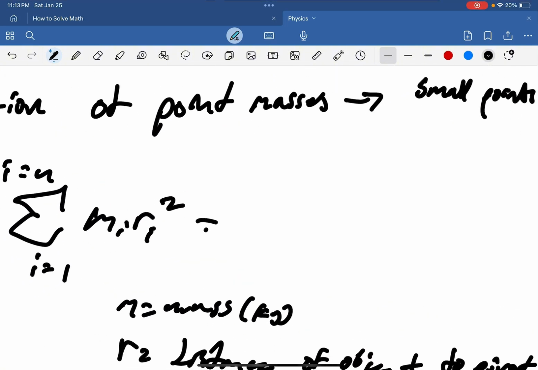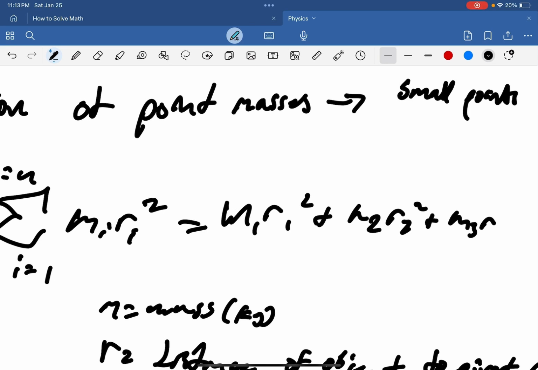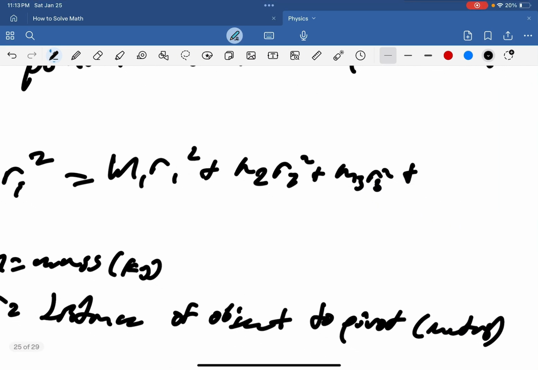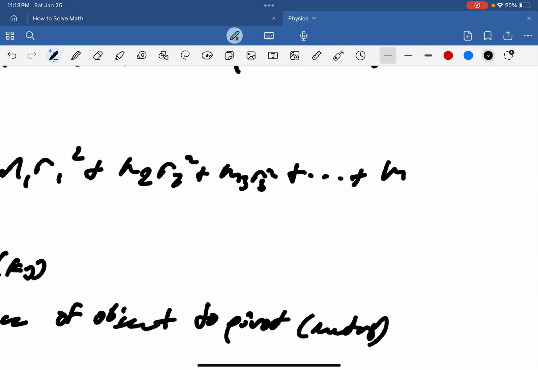And as a representation of what this means, this just means m1 r1 squared plus m2 r2 squared plus m3 r3 squared plus dot dot dot plus mn rn squared.